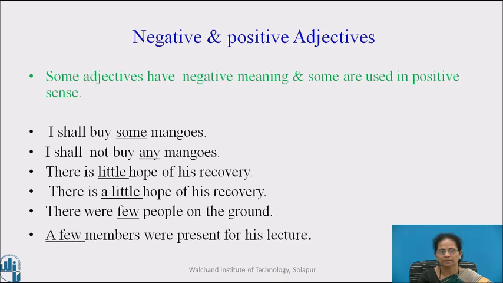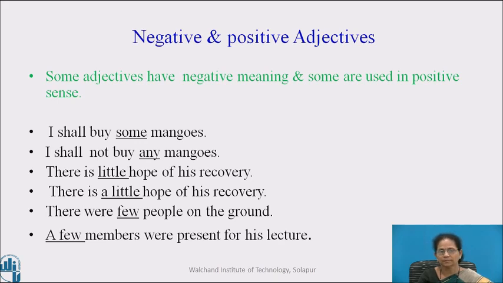See the next example. There is little hope of his recovery and there is a little hope of his recovery. In the first sentence, little is used in a negative sense, meaning there is almost no hope. And in the second sentence, a little hope means some hope, so it is used in a positive sense.